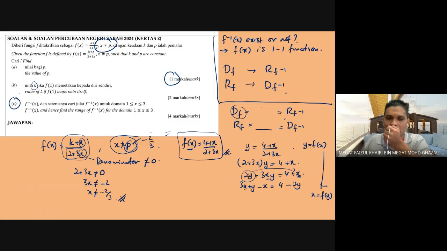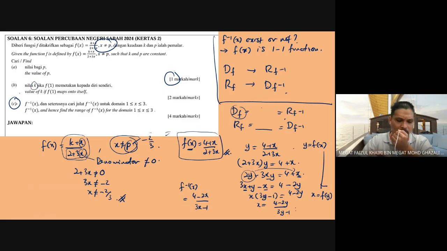Then factorize: x times (3y minus 1) equals 4 minus 2y. Then x equals (4 minus 2y) divided by (3y minus 1). So f inverse of x equals (4 minus 2x) divided by (3x minus 1).